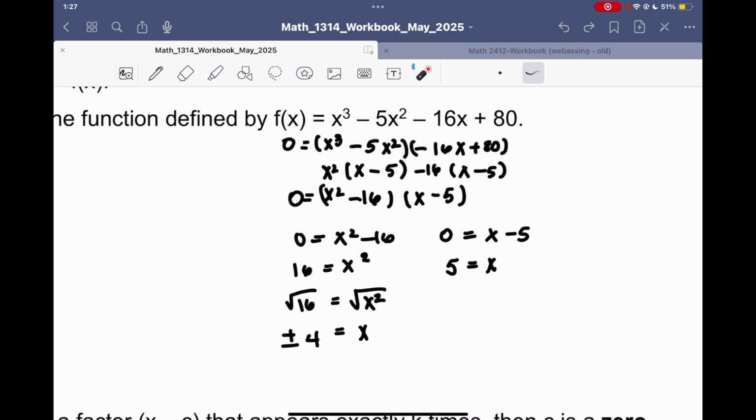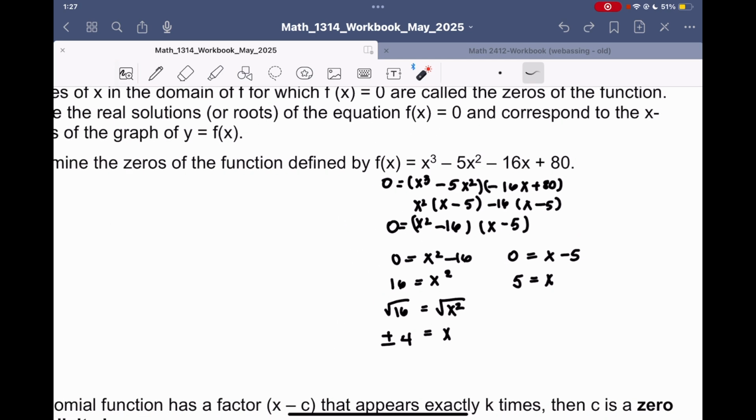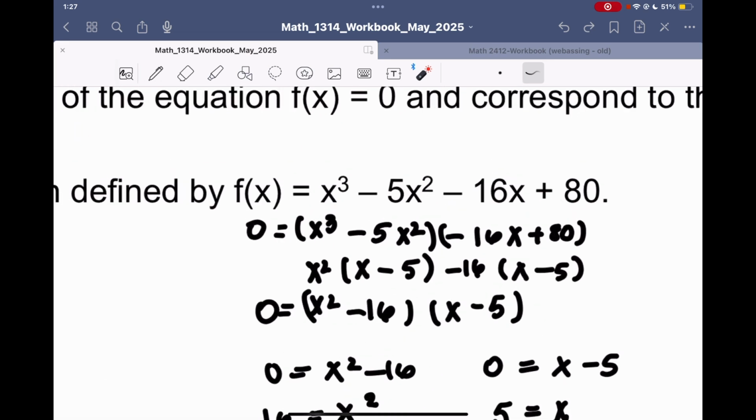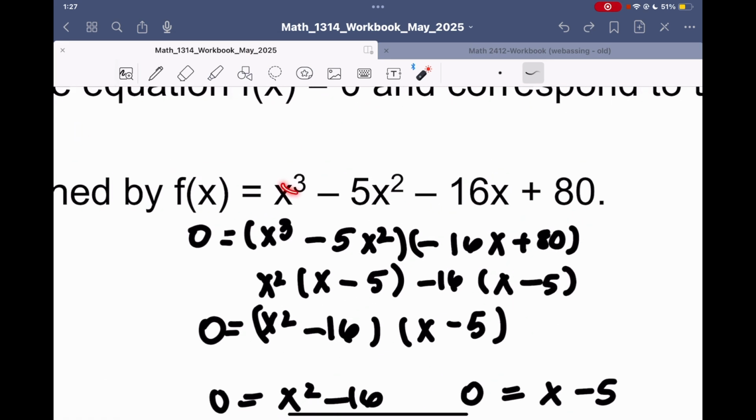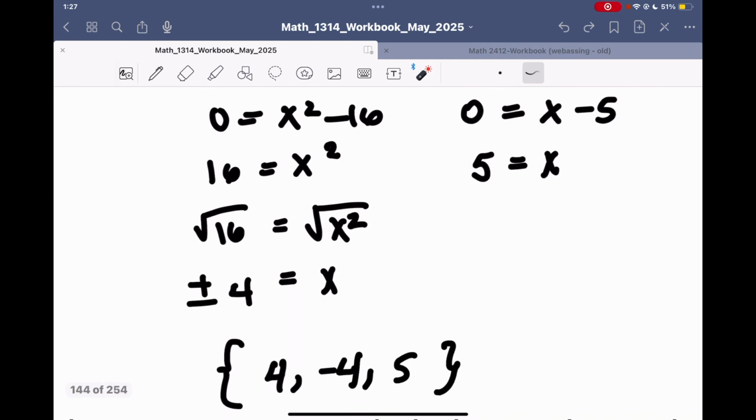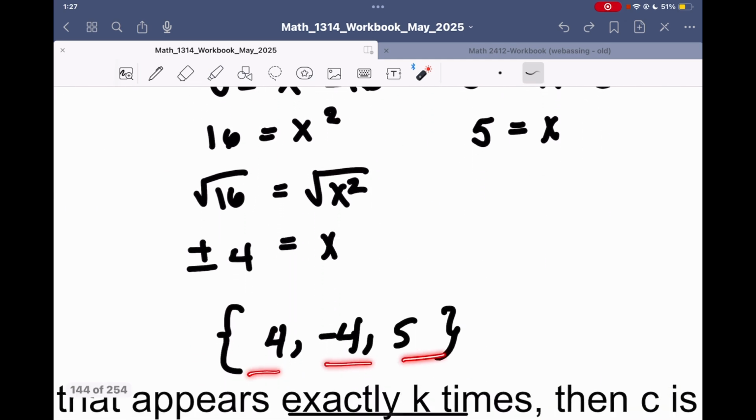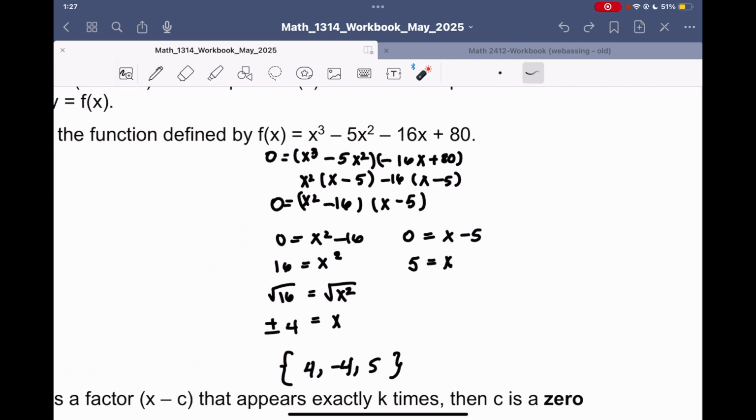So the way you're going to present the roots or the zeros, whatever, in a set, and you can just list each individually, 4, negative 4, 5. Just make sure you account for all of them. The easiest way to know how many zeros you're going to have is based on the leading term. That's to the third, so you're going to have up to 3 roots or zeros.